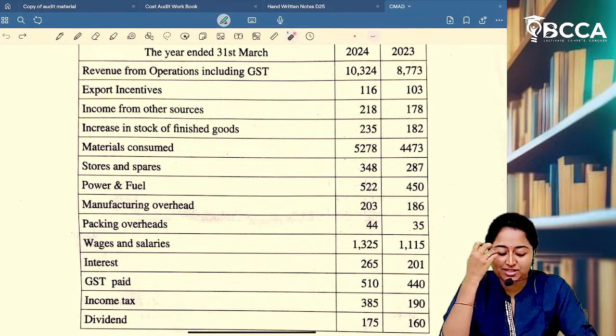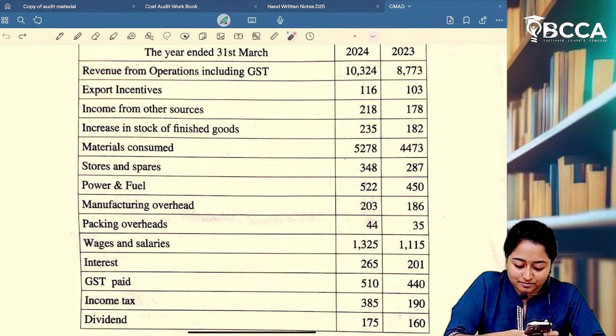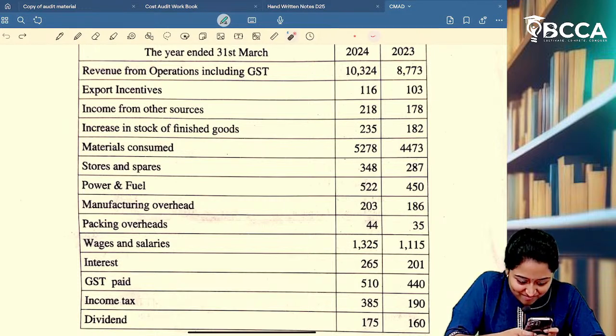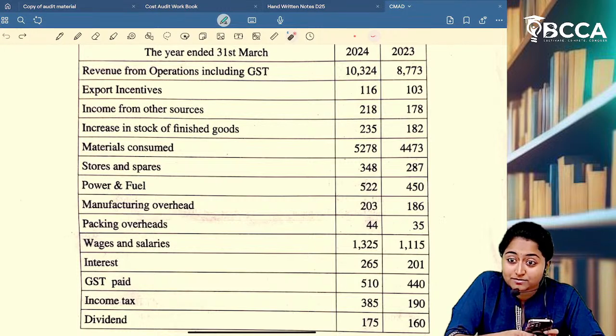Okay, tell me what's the answer. 3770 for 2024, and for 2023? 3147. 3147 or 3187? 3187.